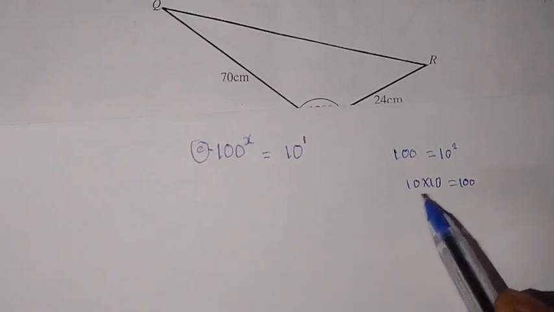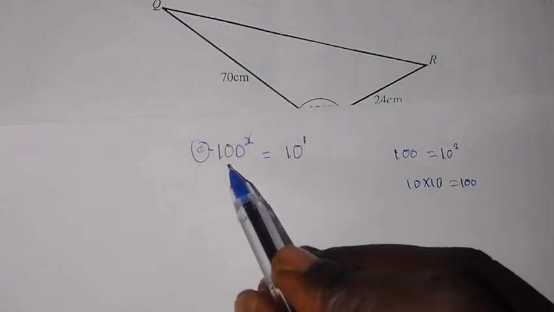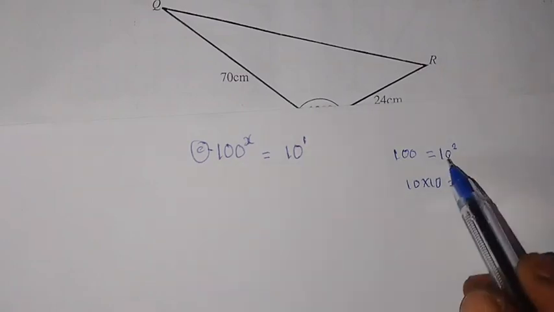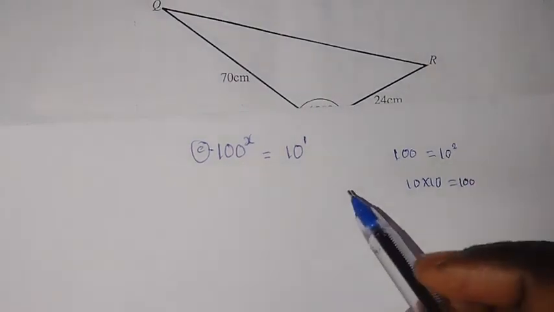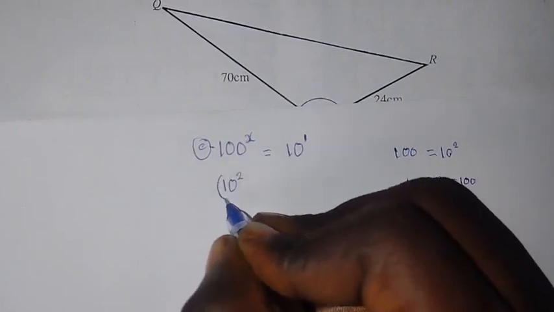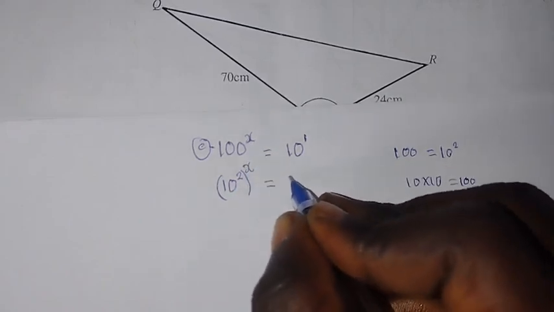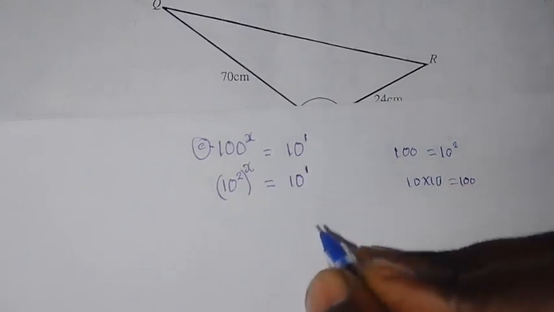The purpose is that we are looking at the base, which is 10. So you write 10 to the power 2 in brackets, then raised to the power of x, is equal to 10 raised to the power of 1.